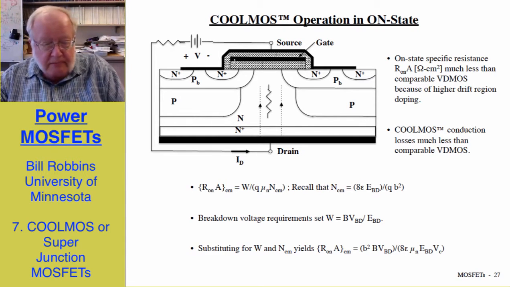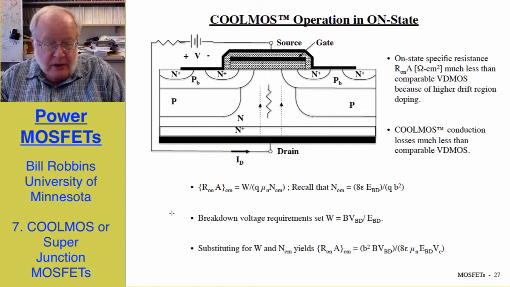In the on-state, we can estimate what the on-state resistance per square is, that is R on times A, for the cool MOS. It's going to equal W divided by q times electron mobility times the doping density in the drift region.